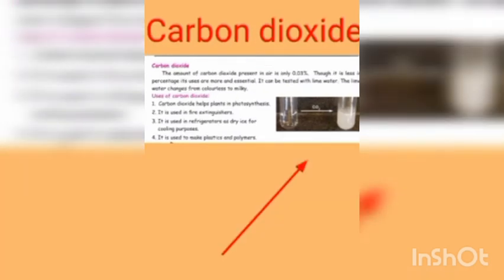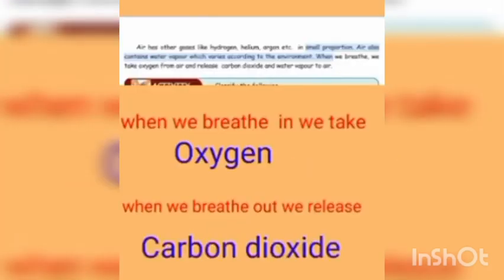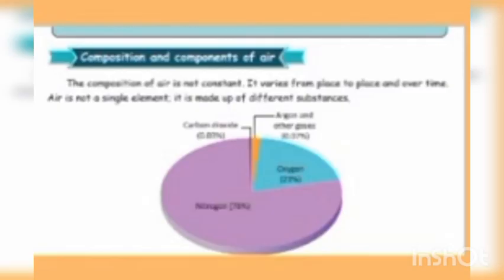Air has other gases like hydrogen, helium, argon, etc. in small proportions. Air also contains water vapor, which varies according to the environment, that is, according to the surroundings. When we breathe, we take oxygen from air and release carbon dioxide and water vapor to air.